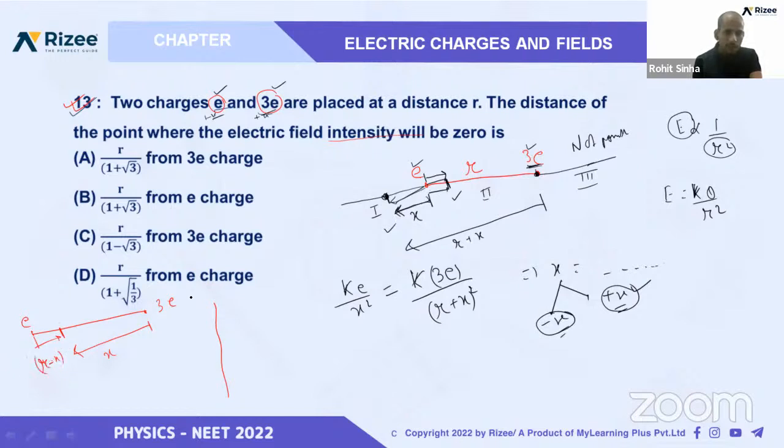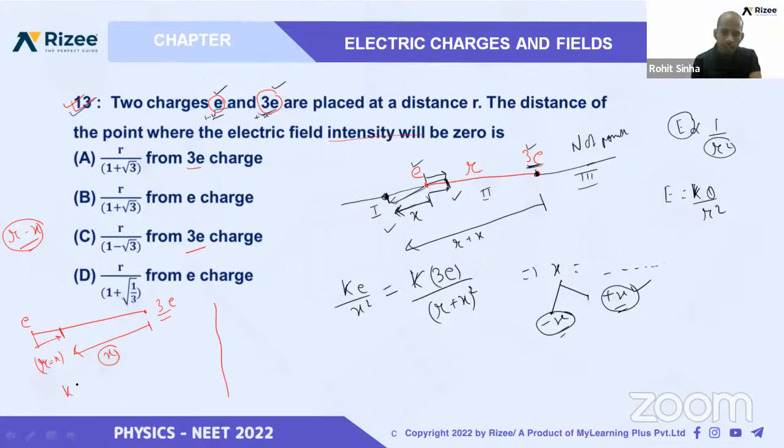You should proceed like this only, but you should remember we have taken this distance from 3E. If we do not get any answer from 3E, then what we will do? We will subtract r minus x, then we will compare the answer from E. What we will write?